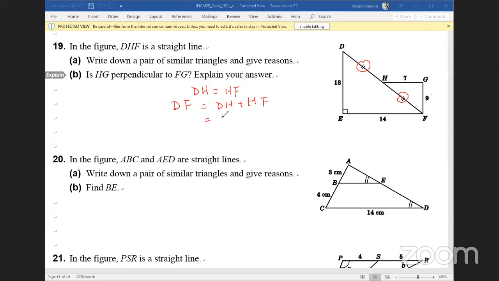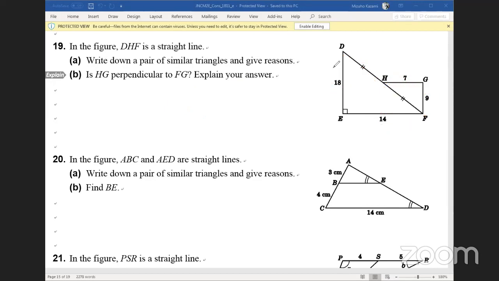DH is actually HF. Therefore, in this case, this length is 2 times of this one. Okay, 18/9, 2 times. 14/7, 2 times. This length over this one, also 2 times. Okay, therefore 3 sides proportional.